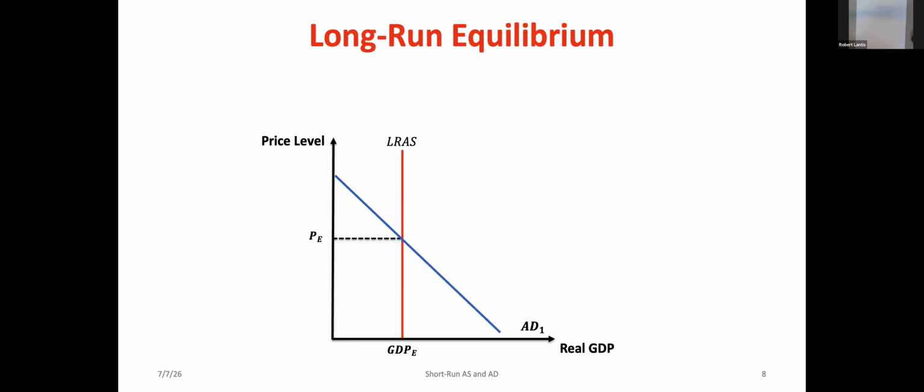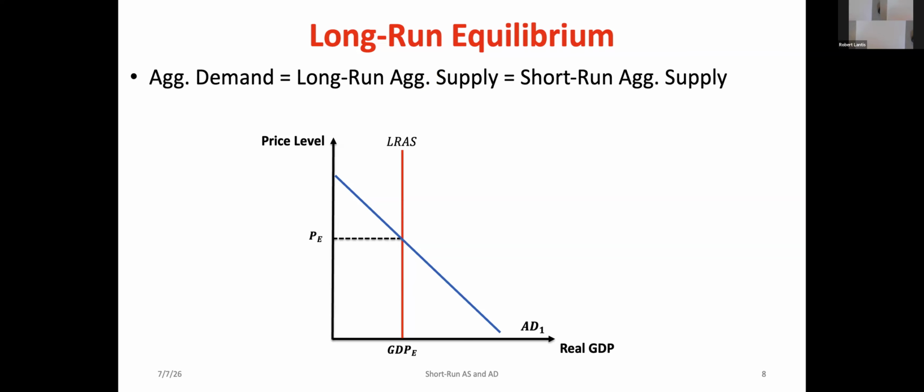But we know that in the short run, prices can't adjust immediately. So our short run aggregate supply is going to be there as well, and it's increasing. As prices go up, companies respond by producing more, but they can't completely update prices, or it takes time for them to change things in order to do that. So in our long run equilibrium, all three of those things will be the same.